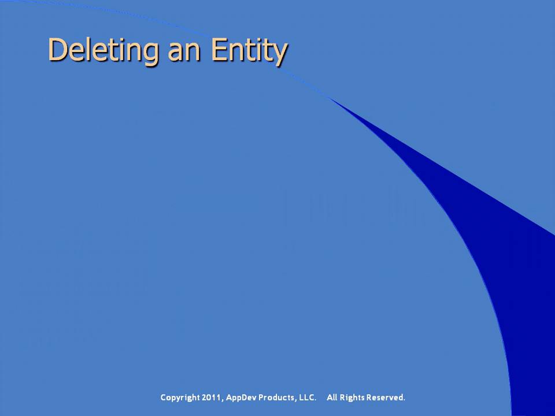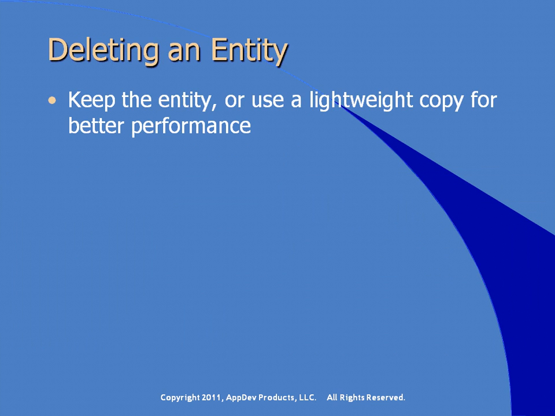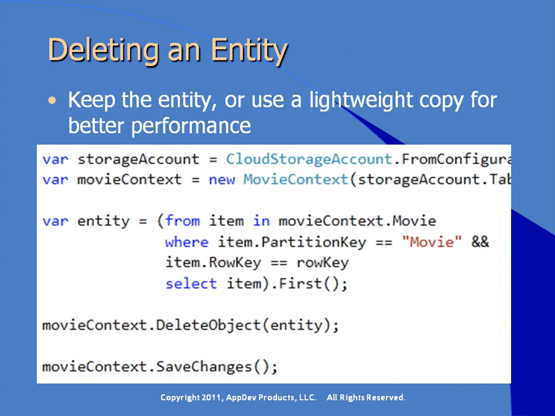Deleting an entity is much the same way. However, you can keep the entity or use a lightweight copy for better performance, or you can just delete the entity if you don't need it anymore. But let's take a quick look on how you would delete the entity. Again, the concept is very much the same.